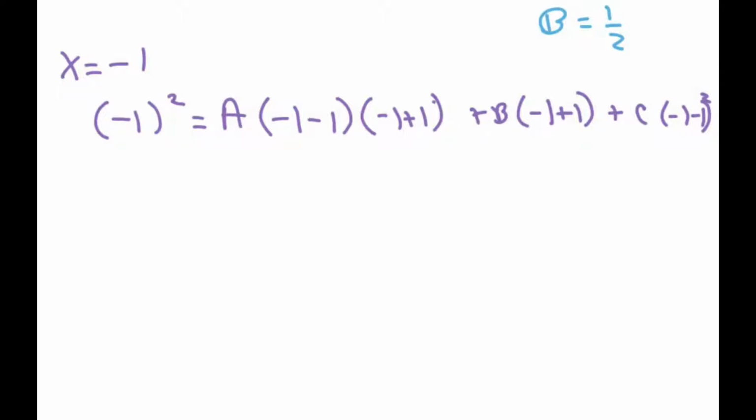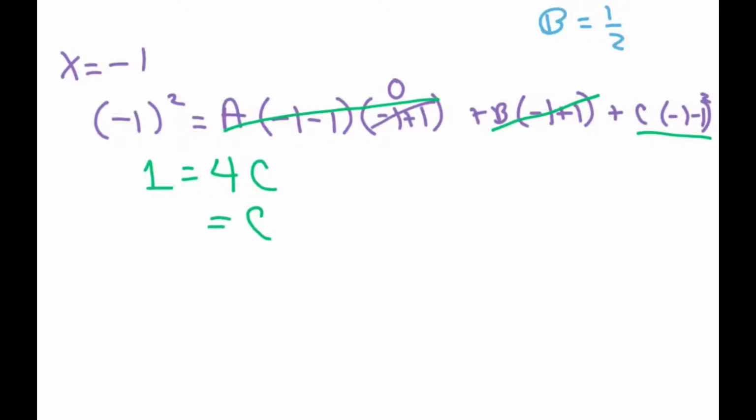So what happens here is this is 0. So that zeroes out that. This is 0. It cancels out the B. But for C, negative 1 squared is just 1. Negative 2 squared is 4. So you get C, you're going to get 4C here. So C equals 1/4.